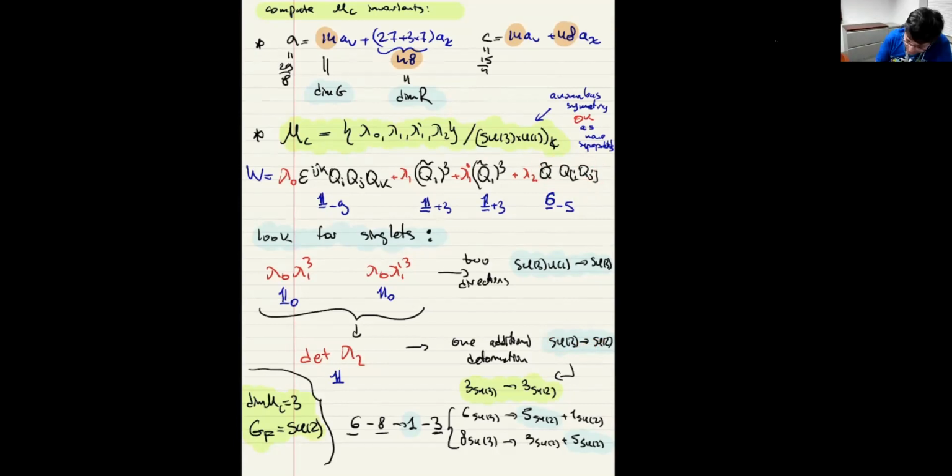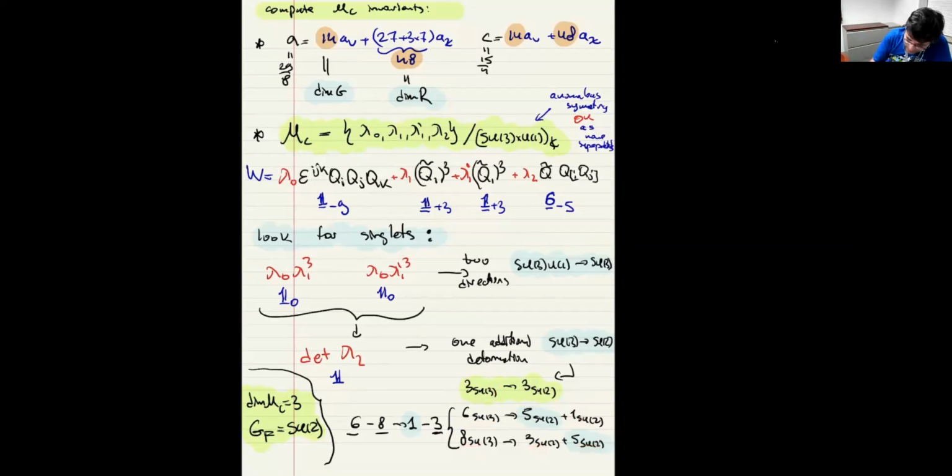And here you can perform a very similar analysis to what we did with SU(N) SQCD. You look at this marginal operator, which is in the 6 of SU(3), and you see how it decomposes under this preserved SU(2). The claim is that this SU(2) is such that the 3-dimensional representation, the fundamental of SU(3), is the adjoint of this SU(2). So under this decomposition, 6 becomes a 5 plus a singlet, and the 8 becomes a 3 plus a 5.